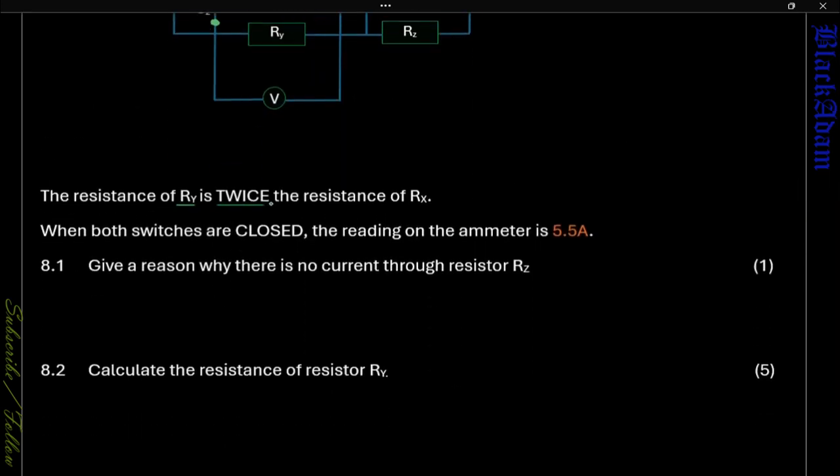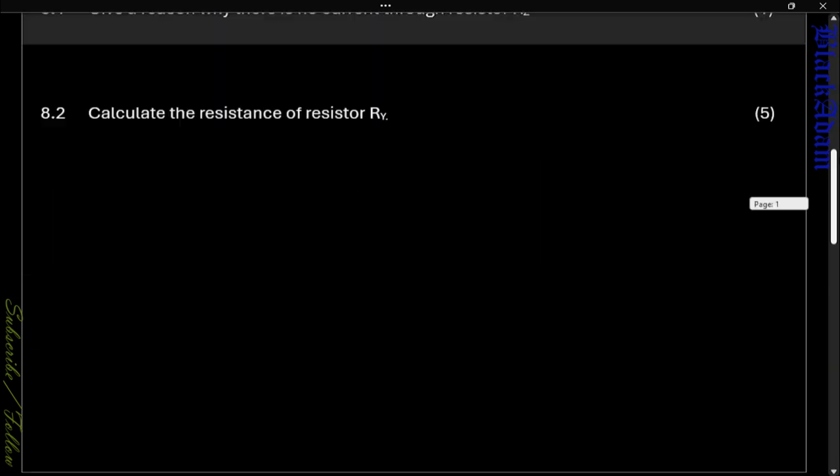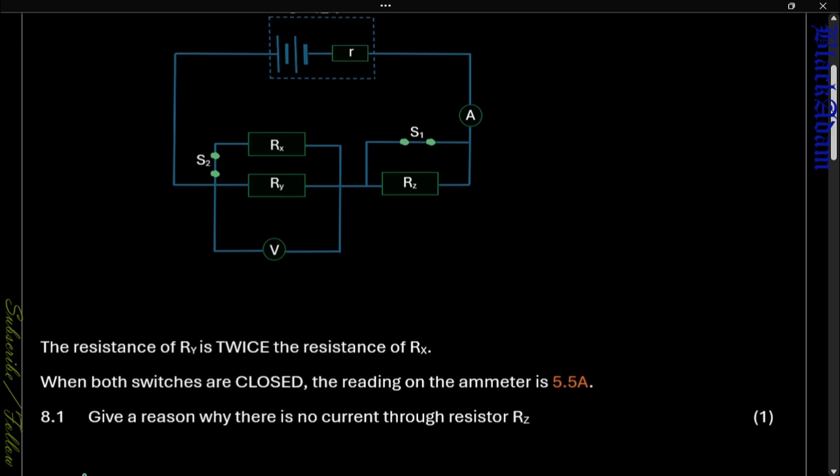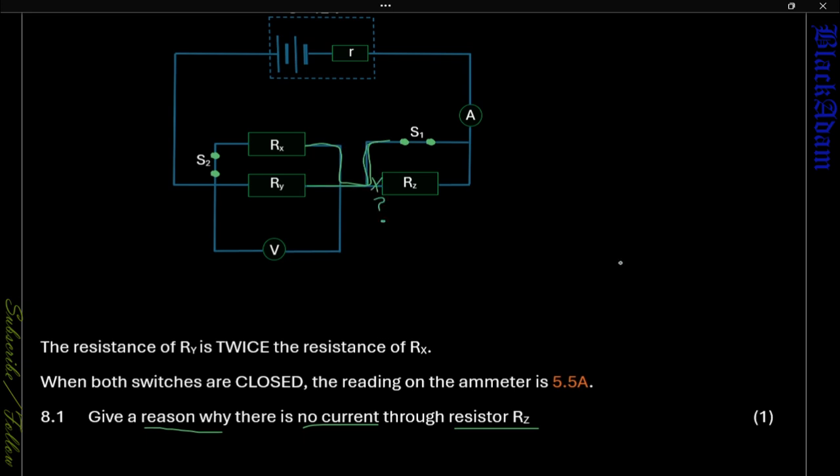So the first question: it's twice, so that means resistor x to y is 1 to 2. So resistor y is 2 times the resistor of x. Then give a reason why the current won't pass through that. It's because the other path has no resistance.